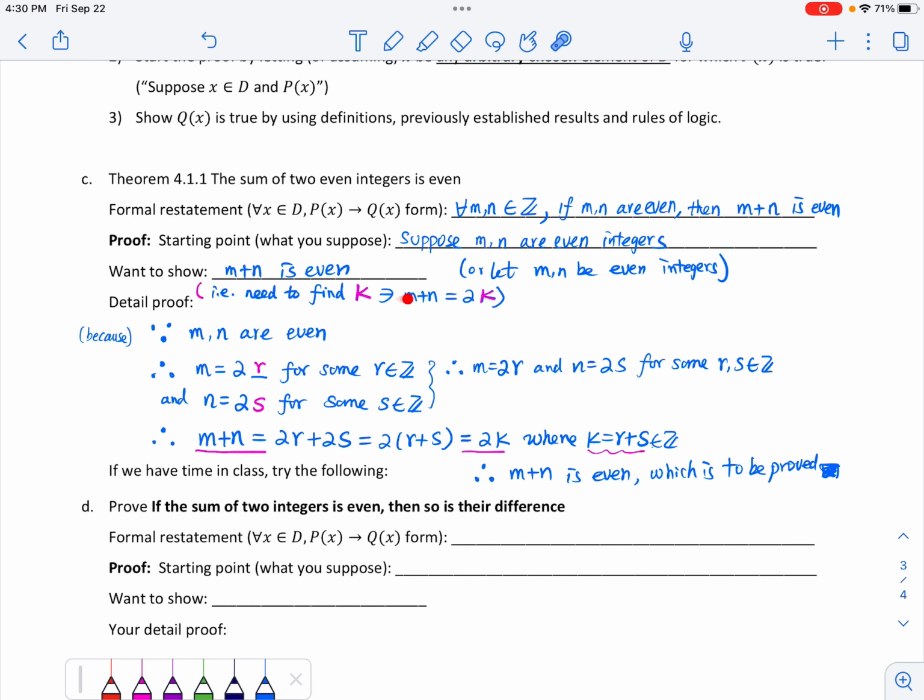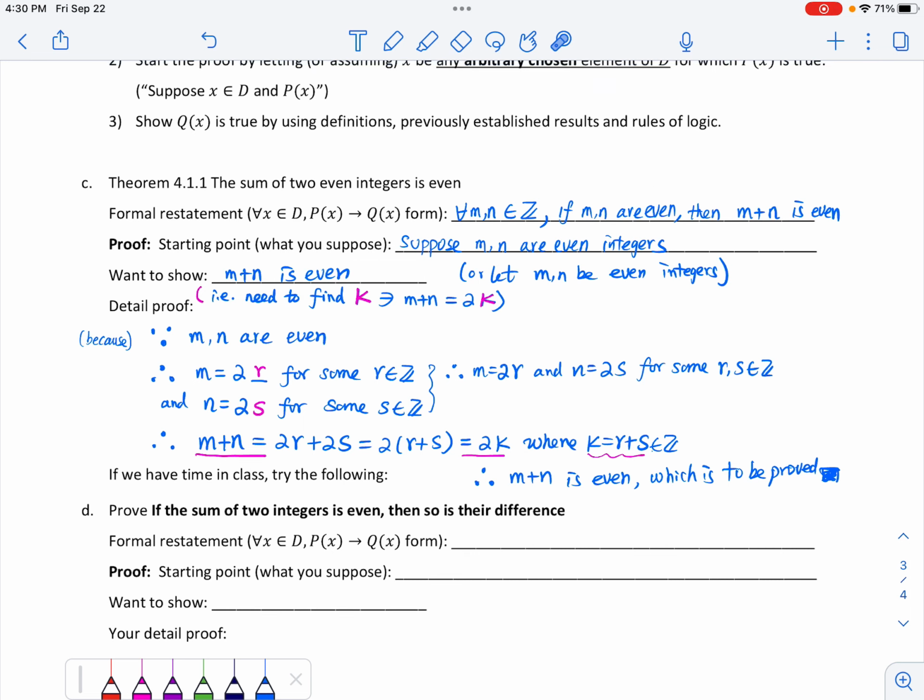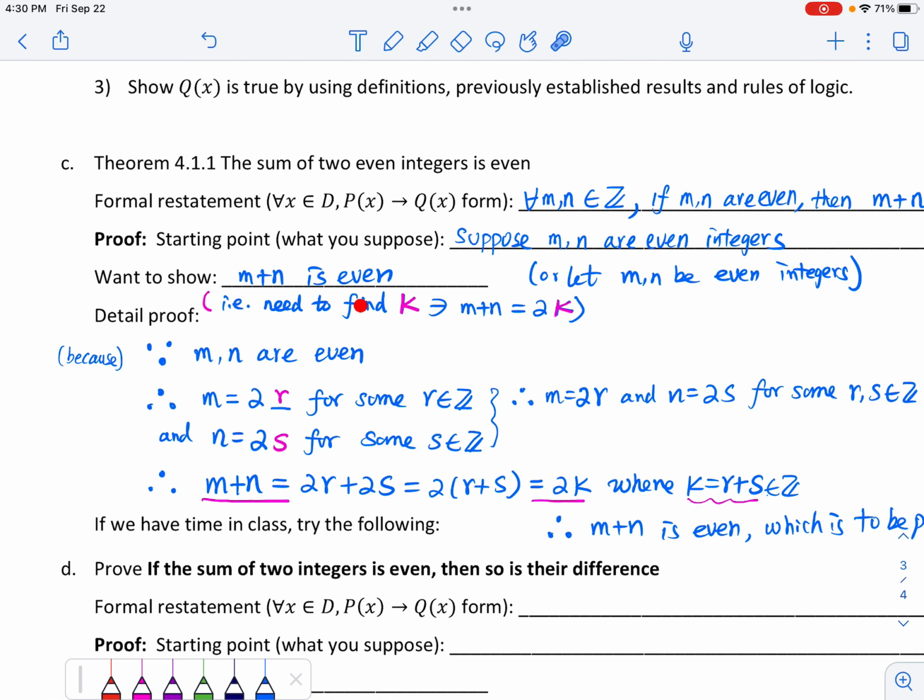It's also good practice to ask yourself what it takes for the conclusion to be true. Then you begin with your assumption, and use definitions and other results to derive the result that you want to show.